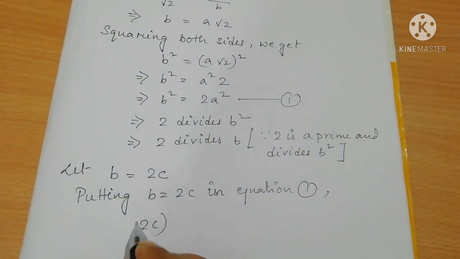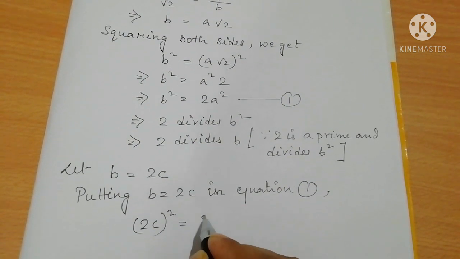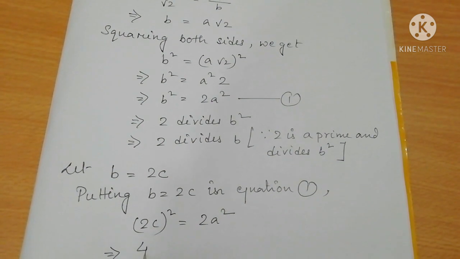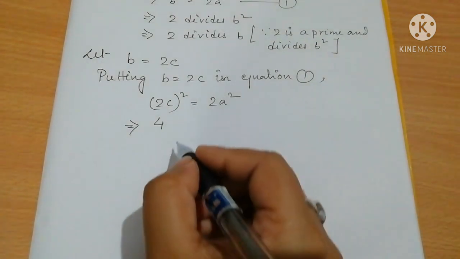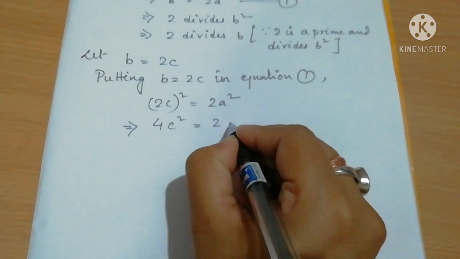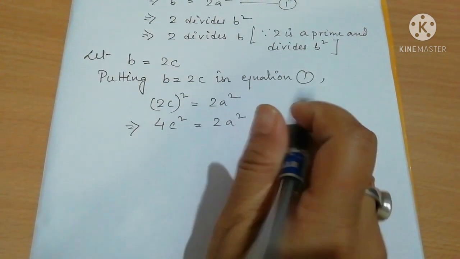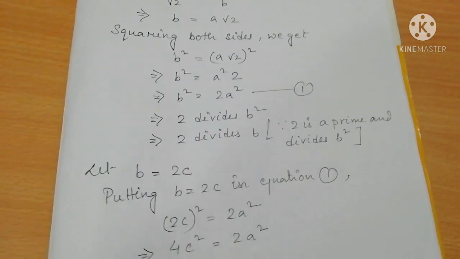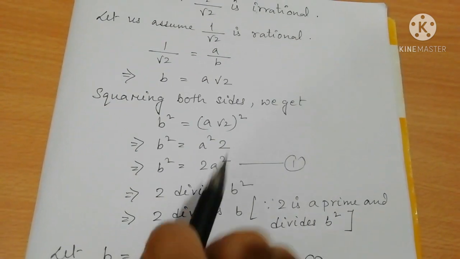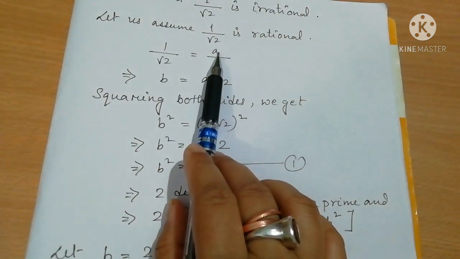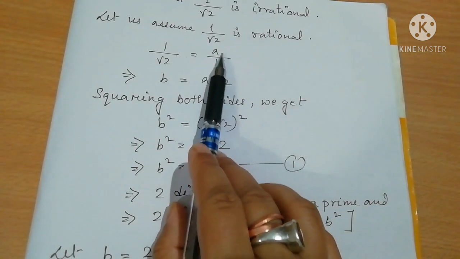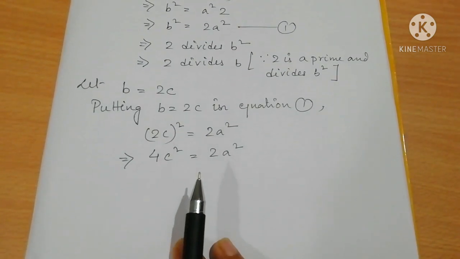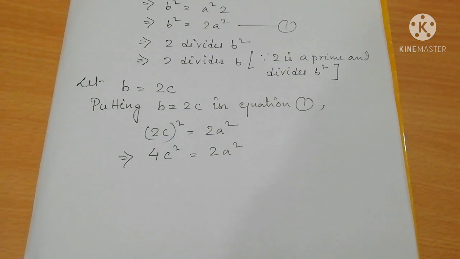So (2c) square equal to 2a square. So 2 square will give us 4, 4c square equal to 2a square. As we have considered 1 by root 2 as a by b, a and b should have common factor 1.